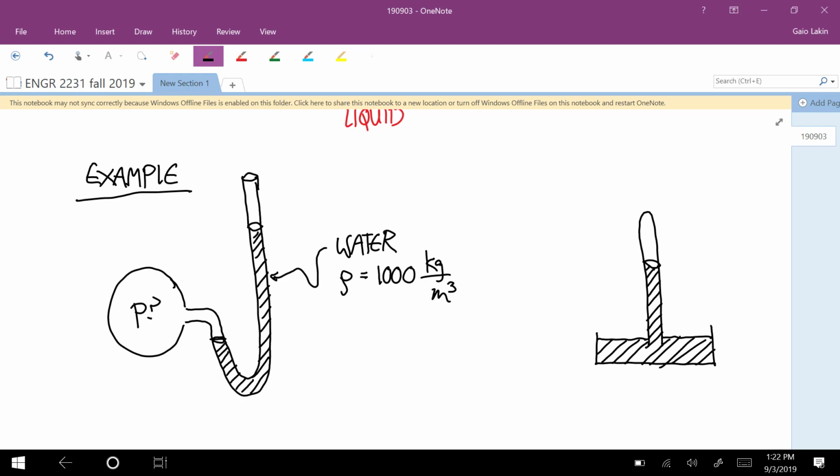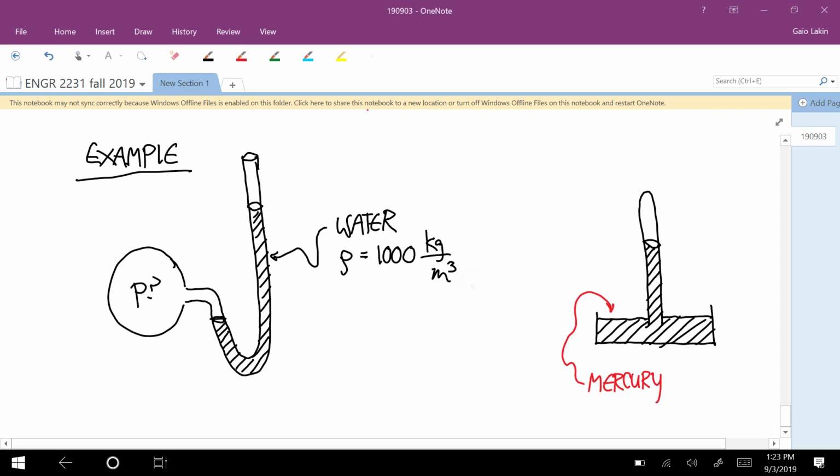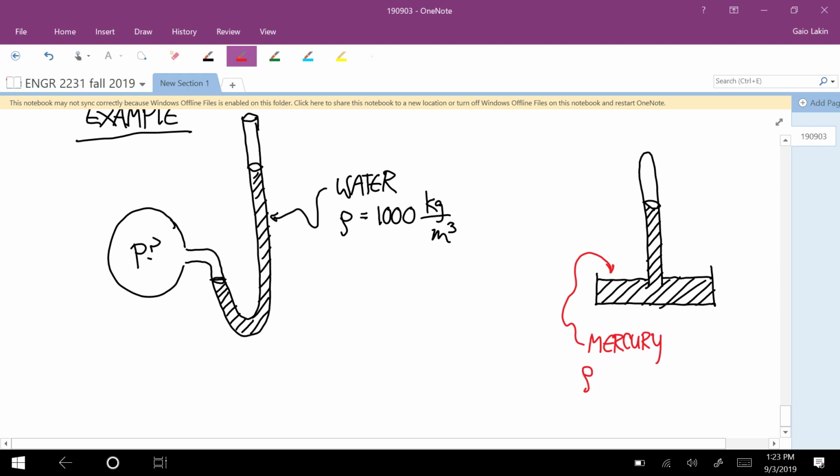Okay, so in this thing, let's say that this liquid is mercury. And mercury has a density that's much higher, 13,690 kilograms per meter cubed.